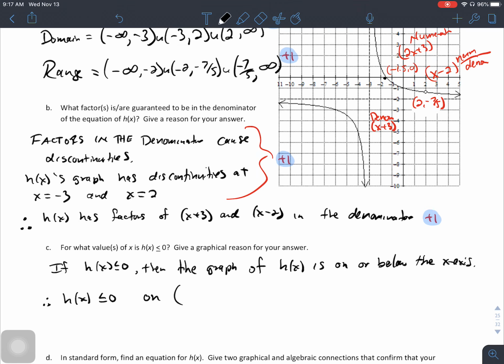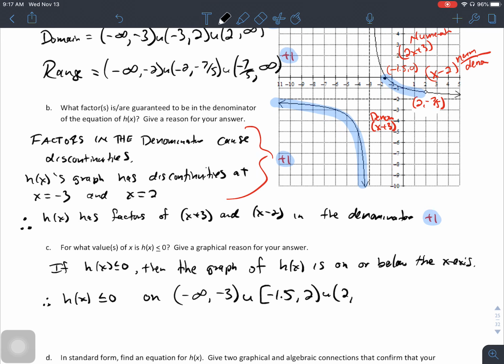What's below from -∞ to -3, though that is non-inclusive because none of those values touch the x-axis. And then in union with, it is on the x-axis at -1.5, that's inclusive, and it continues to be below until it gets to the hole, and it has to jump over the hole.